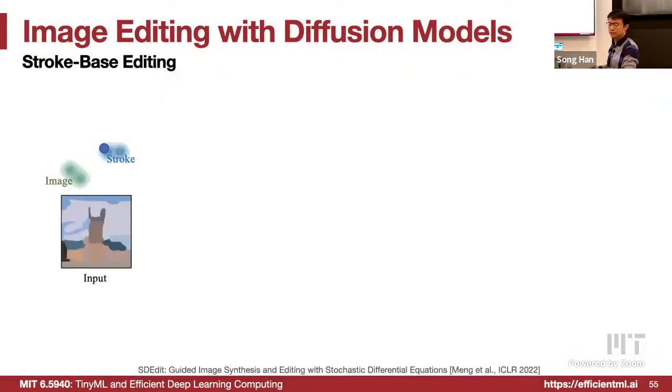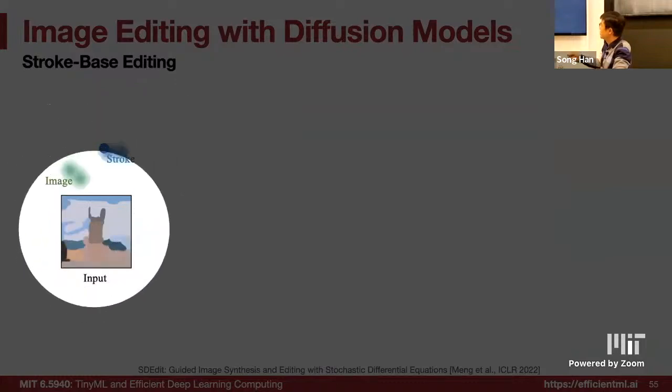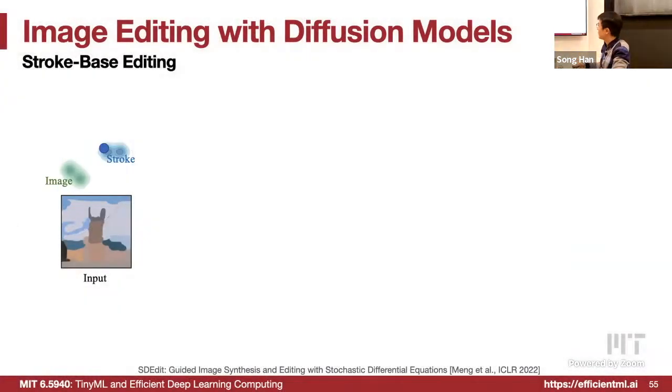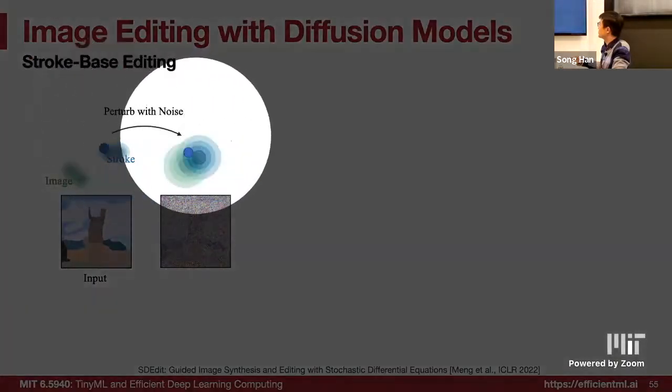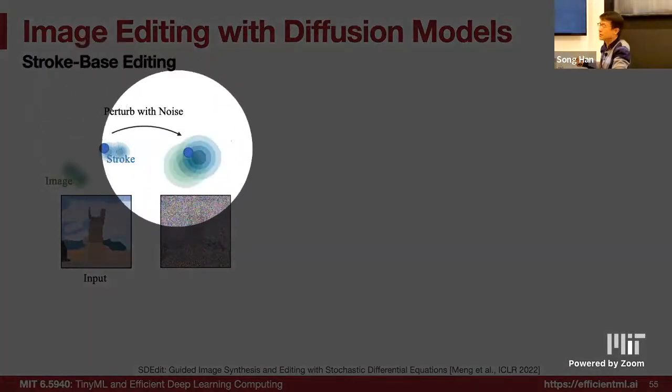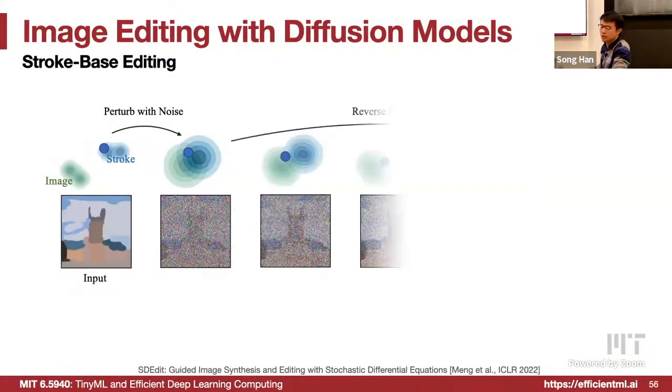And how do we do that? These are separate spaces. One is the stroke, one is the image. They are in different locations. So what we do is we can perturb them with noise, adding noise to the stroke such that the noisy image can have some overlap with the original space.